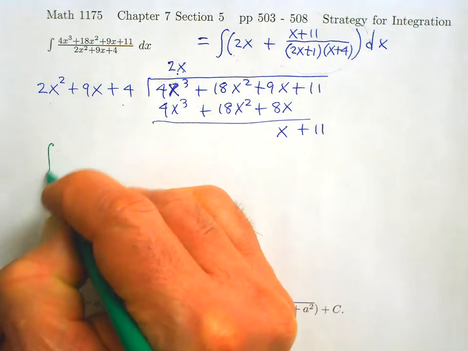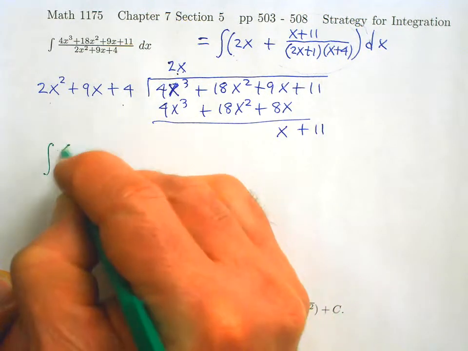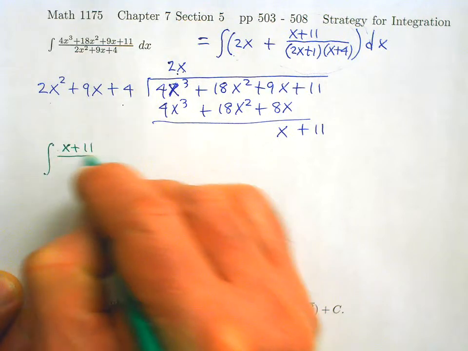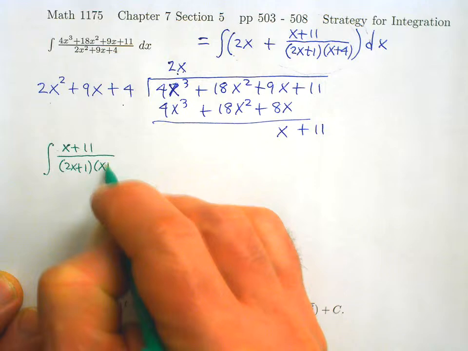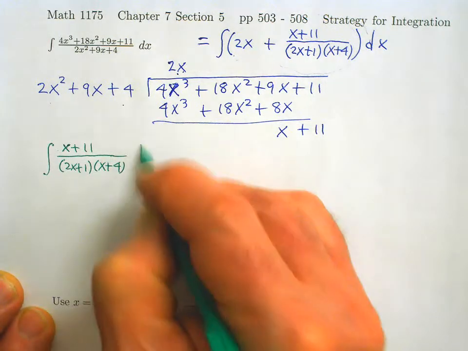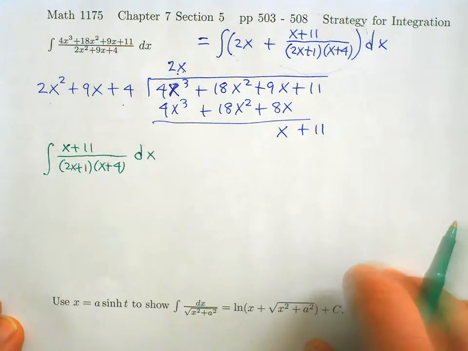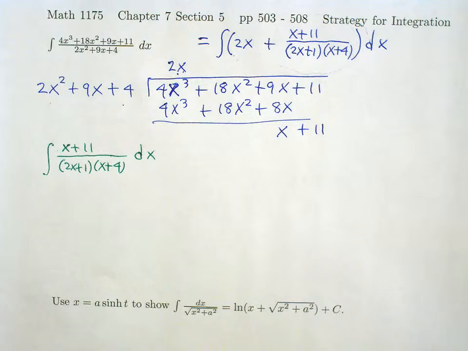So let's focus on the second part of that, the indefinite integral of x plus 11 over (2x plus 1) times (x plus 4). And we could use partial fractions to do it.